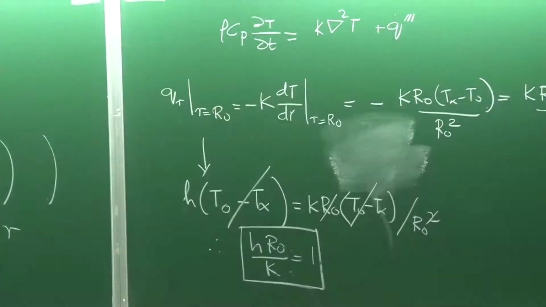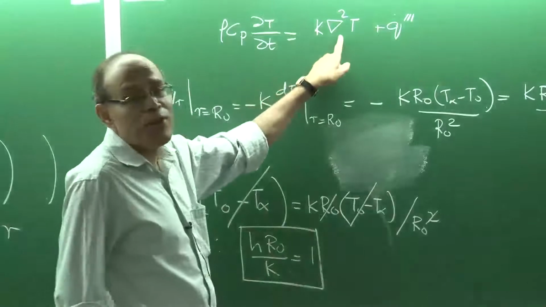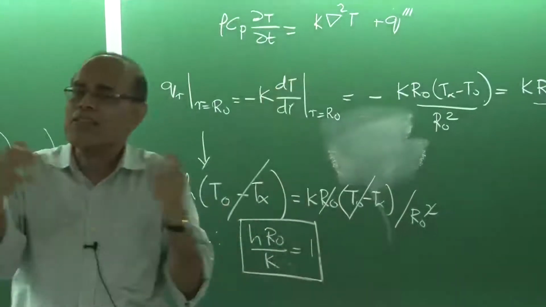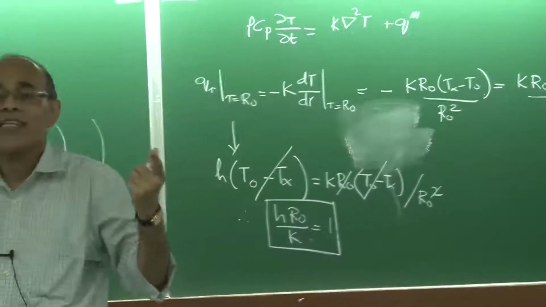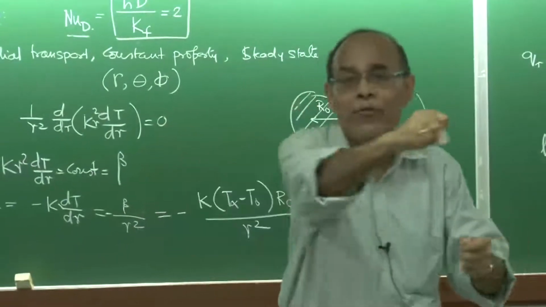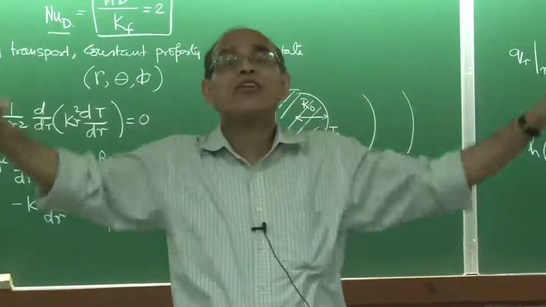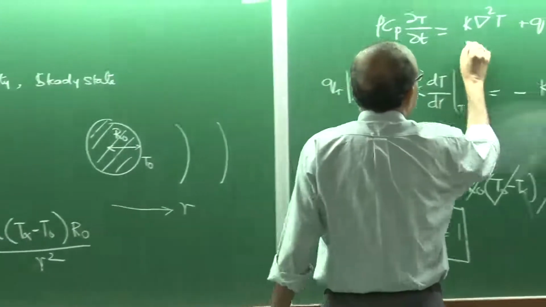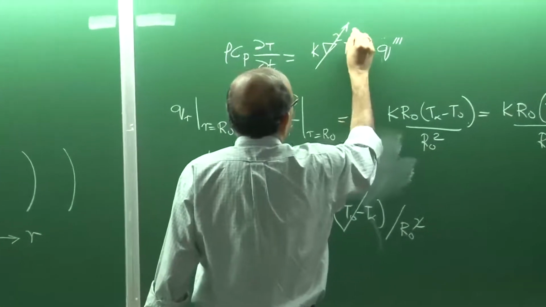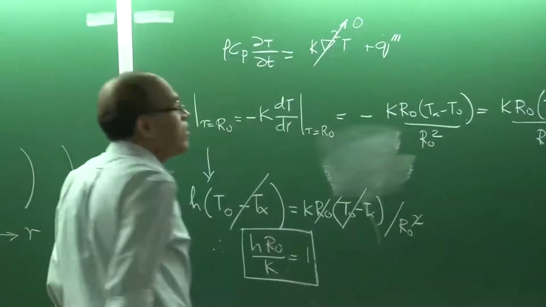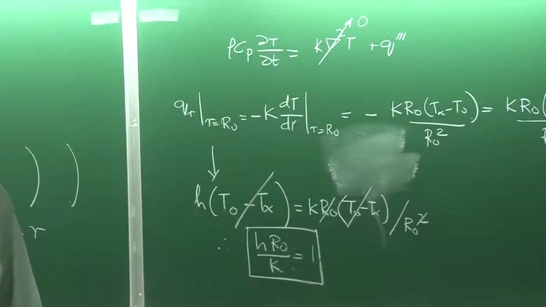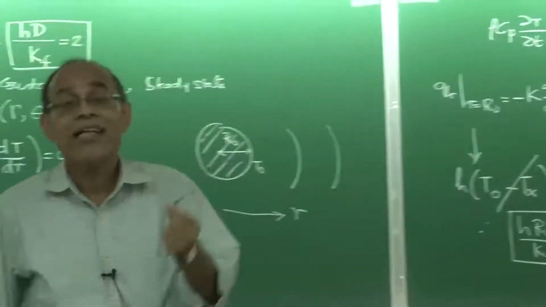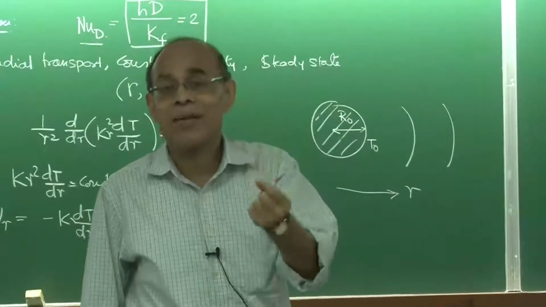This term, the gradient of temperature, when the body has very large thermal conductivity, which essentially means heat will be able to flow very quickly, will vanish. Therefore, such bodies are the bodies which exhibit negligible internal temperature gradient.